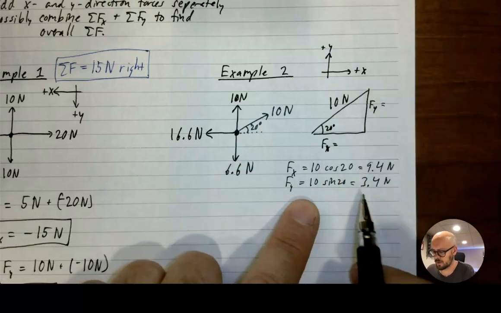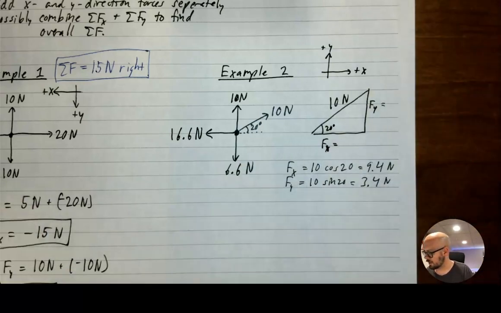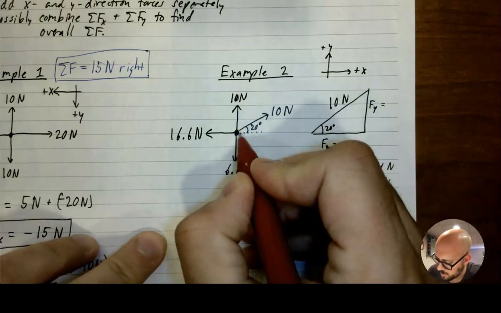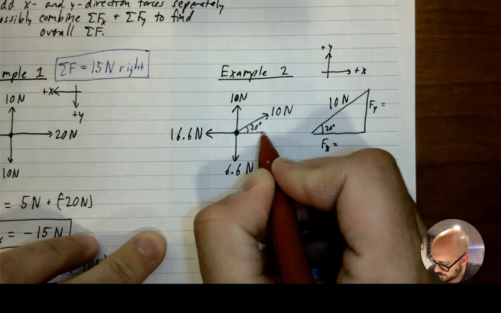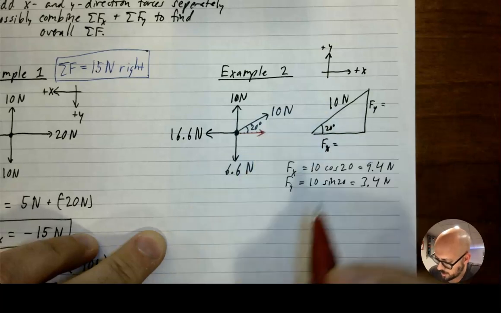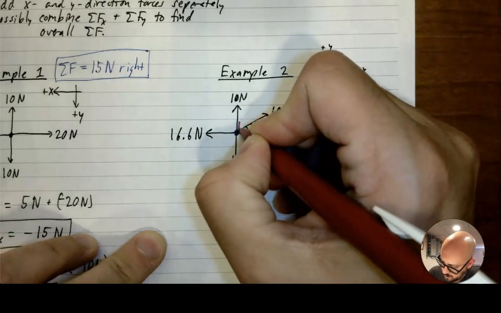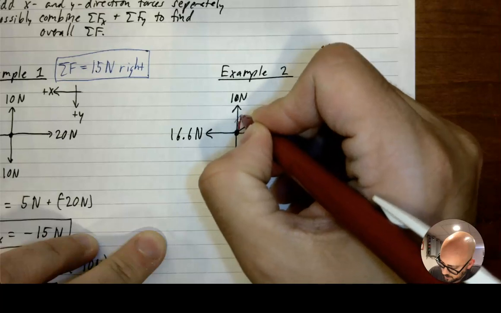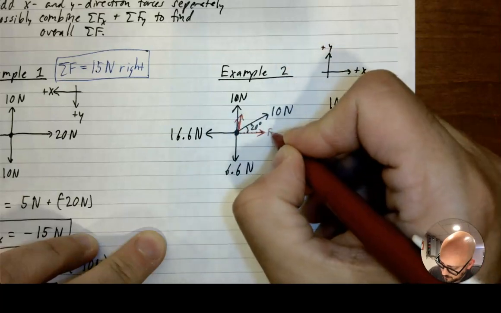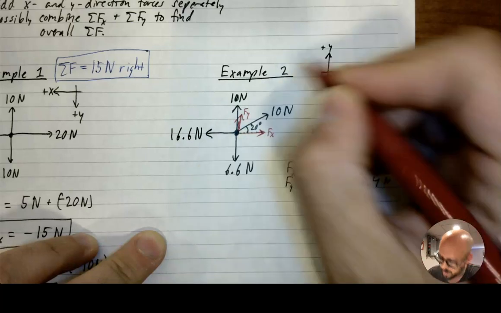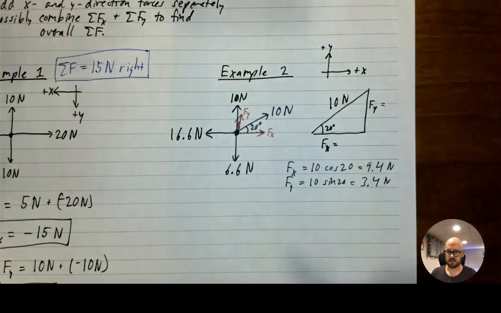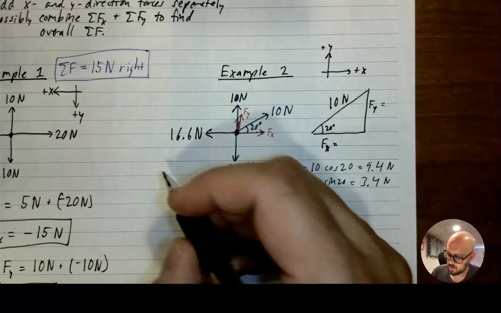I have broken this apart into 2 components, and just to show that, I'm going to try and make this show up. When you break a force into components, you have now a horizontal and a vertical component. So Fx and Fy that are added into the mix, and they essentially take the place of this 10 Newton force.